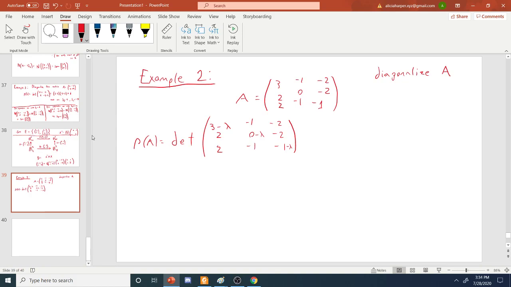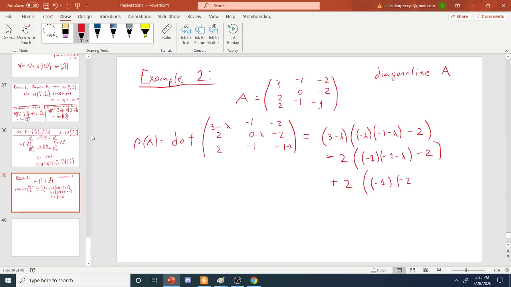So let's note that this is the same thing as 3 minus lambda times negative lambda times -1 minus lambda minus 2, and then minus 2, and then -1 times -1 minus lambda minus 2, and then plus 2, -1 times -2.